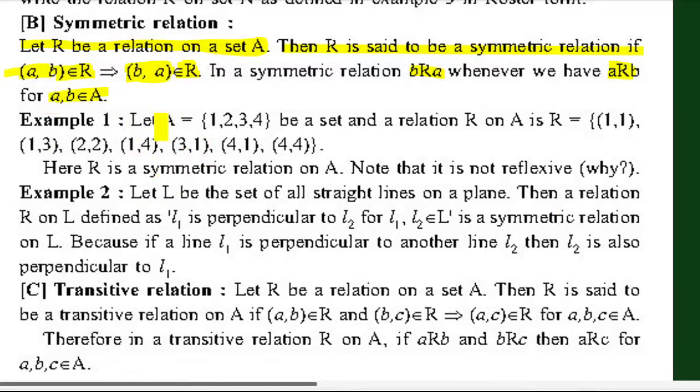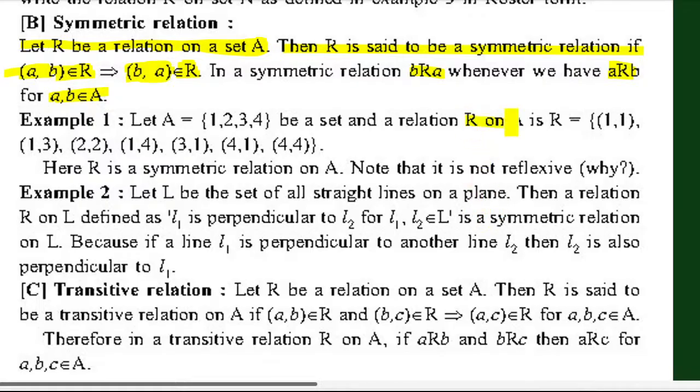So see the example. Let A be {1, 2, 3, 4}. Now what is the relation R on A?